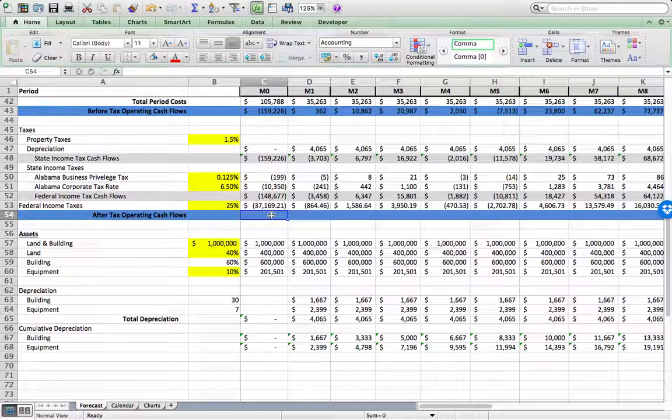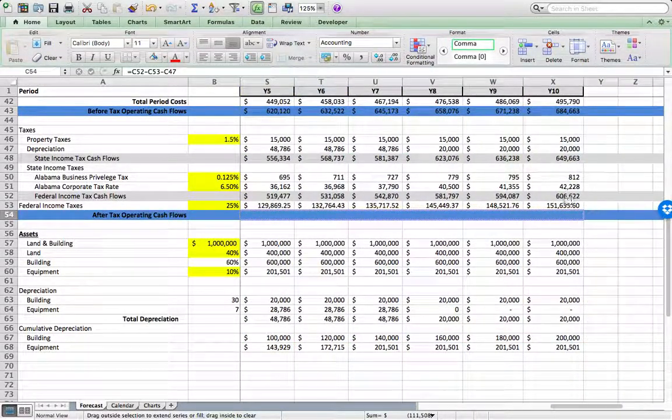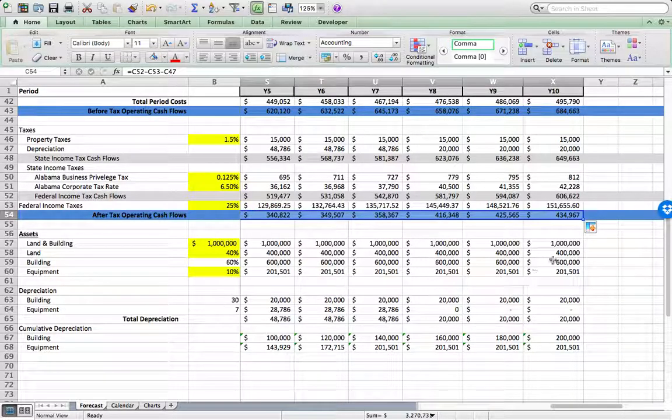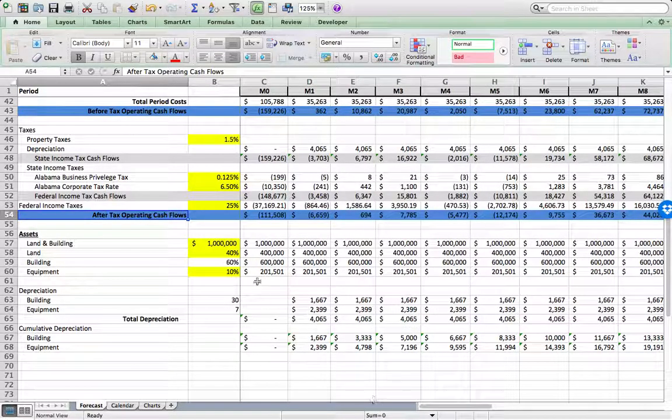So it is equal to the before-tax cash flows minus the after-tax cash flows, and then minus depreciation. And the reason it's minus depreciation here is that the depreciation isn't real cash. So we have to take it out. And you just take that formula and you drag it across. And that gets you to the cash flows that we're looking for pretty much for our business.